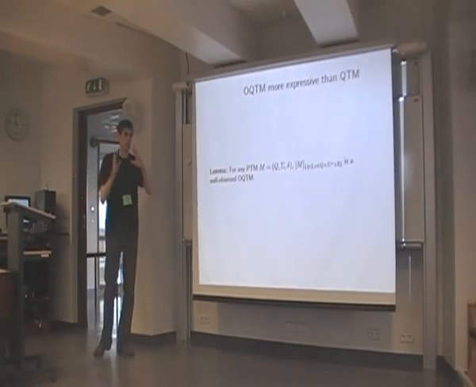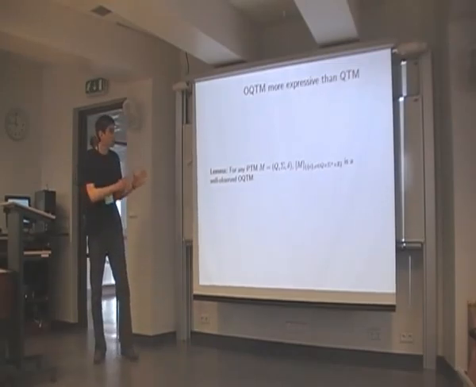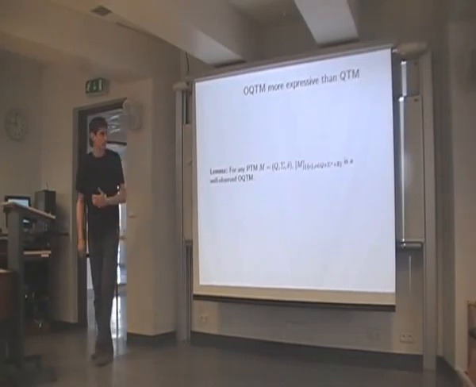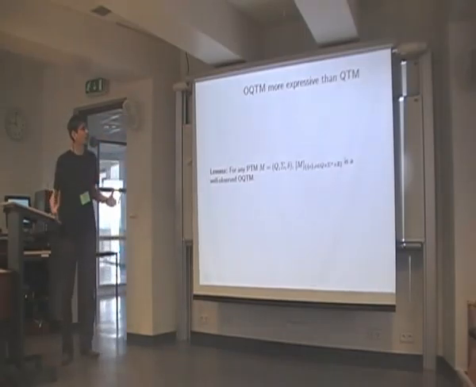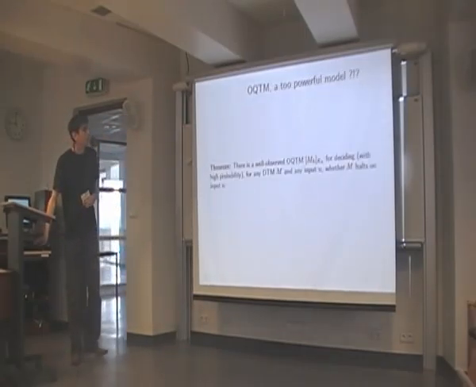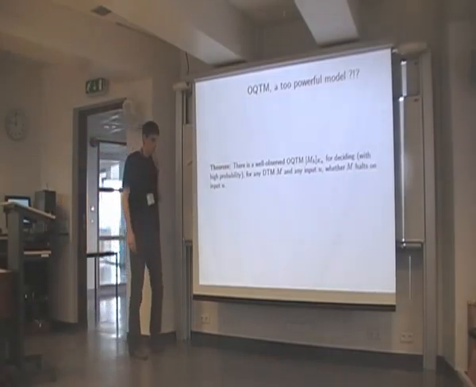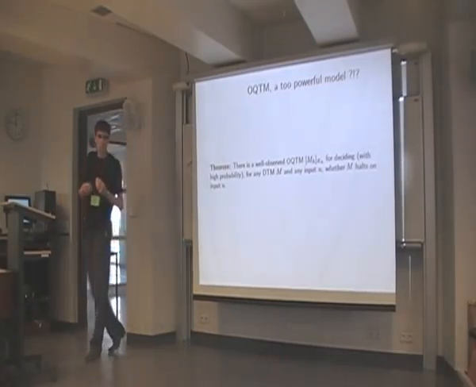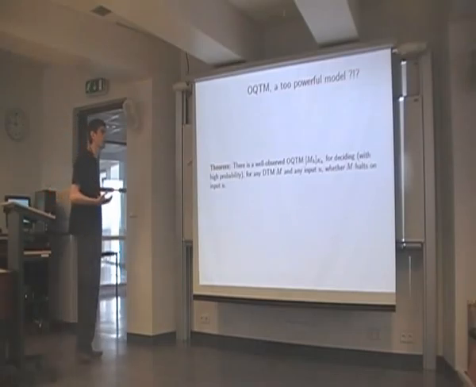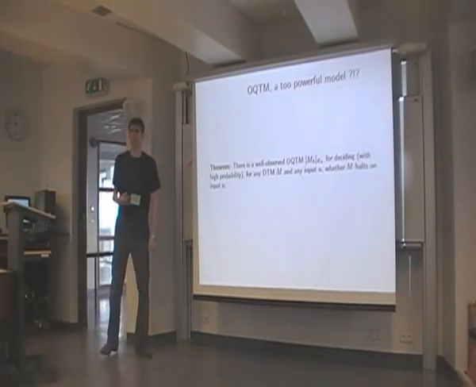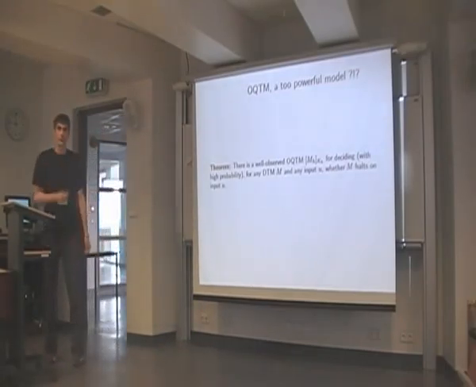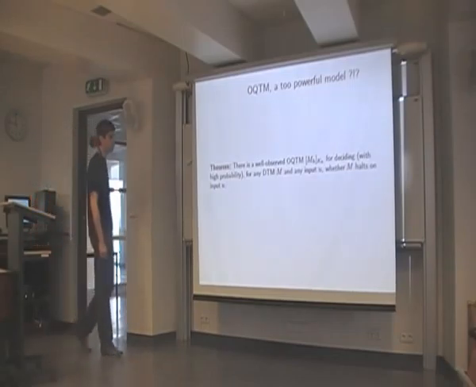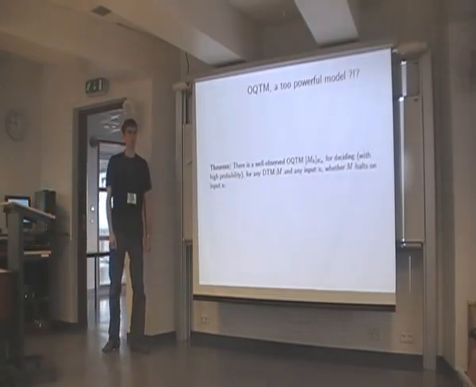We are able to express any quantum Turing machine, but any probabilistic and deterministic Turing machine as well. So it's a more expressive model. And it turns out that this model is too expressive, or in fact it is too powerful, because we are able to solve some undecidable problems with this machine, with these observed quantum Turing machines.